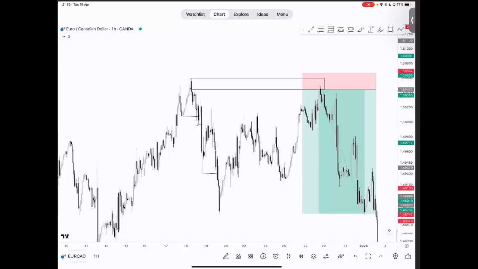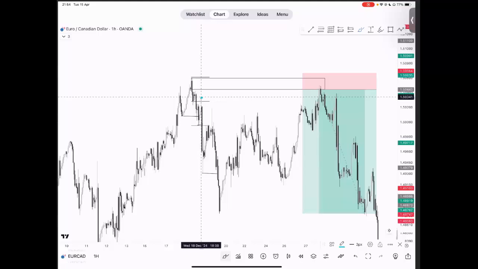So something like this now, if you look at mapping out from here to here, you have this particular inducement level, a pullback into 50% of this leg. You have your sweep, you have your pullback, and then you have your typical type A type of entry.